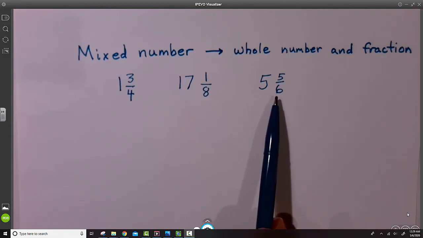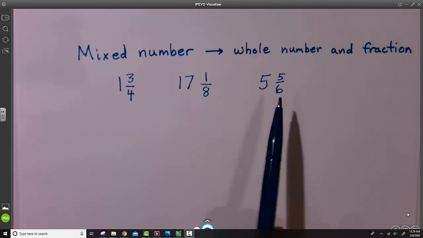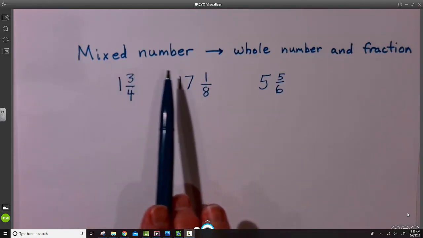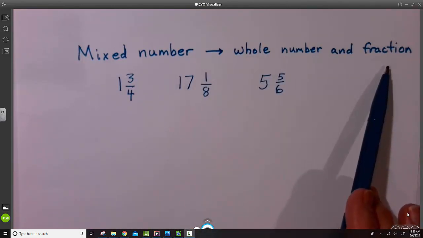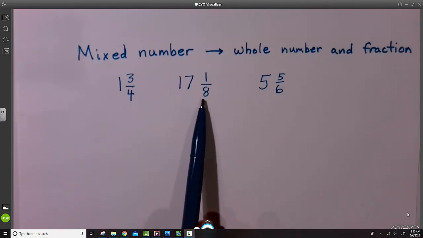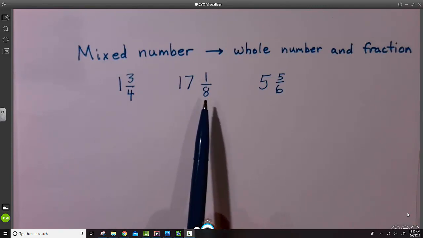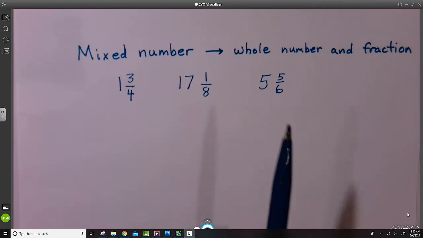The fractional portion is 5/6. The mixed number is 5 5/6. So to review, a mixed number is a whole number and a fraction. 1 3/4 is a mixed number. 17 1/8 is a mixed number. 5 5/6 is a mixed number.